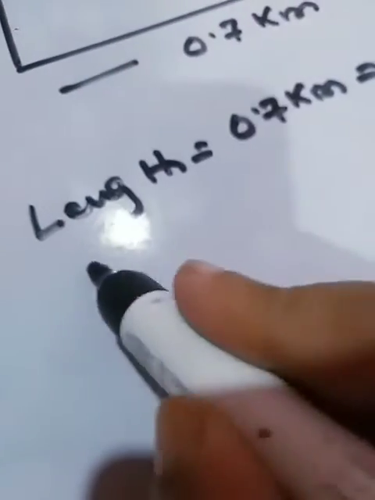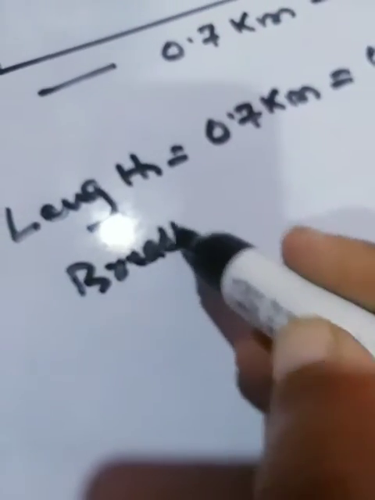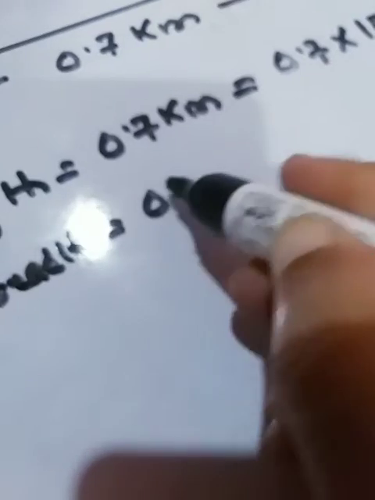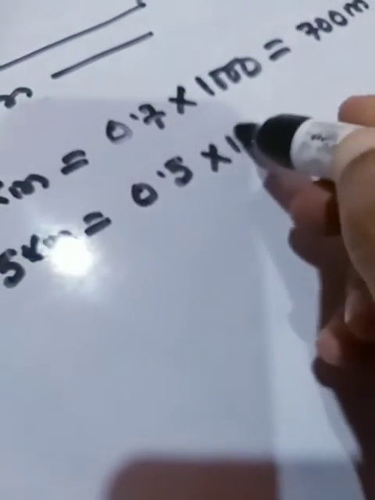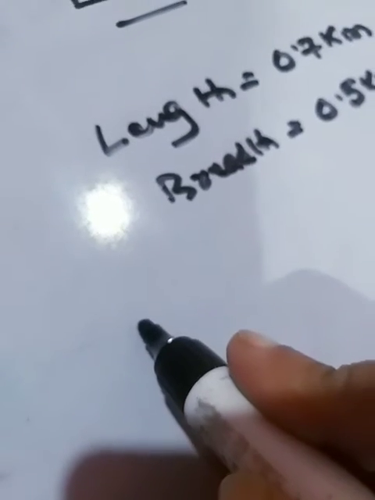The same thing we'll do with breadth also. We'll convert the kilometer form to meter form. That is 0.5 kilometer. So 0.5 into 1000 would be equals to 500 meter. Fine. Now each row, that is 4 rows of wire.